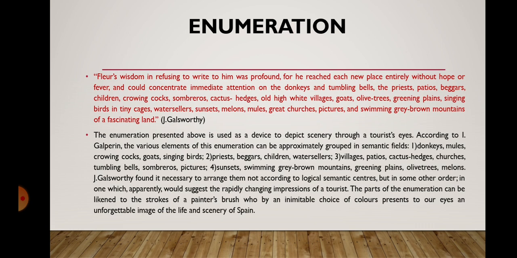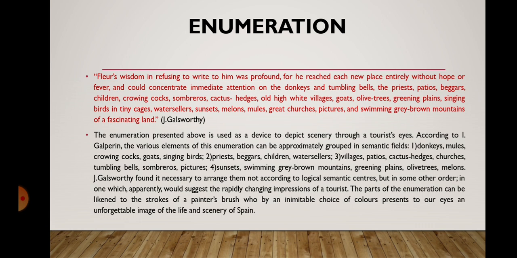Another example is from the work by John Galsworthy. Fleur's wisdom in refusing to write to him was profound, for he reached each new place entirely without hope or fever, and could concentrate immediate attention on the donkeys and tumbling bells, the priests, pashers, beggars, children, crowing cocks, sombreros, cactus hedges, old high white villages, goats, olive trees, grinning plains, sitting birds in tiny cages, water cellars, sunset, melons, mules, great chariots, pictures, and swimming gray-brown mountains of a fascinating land.